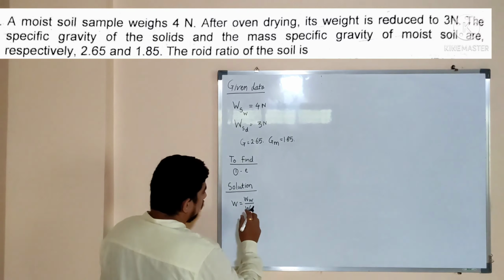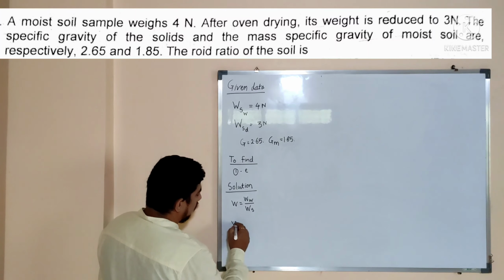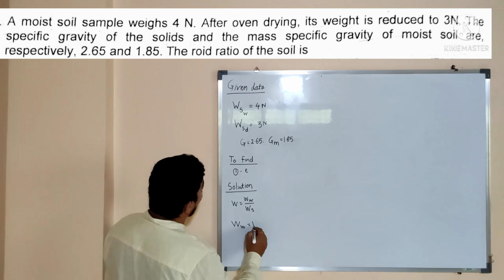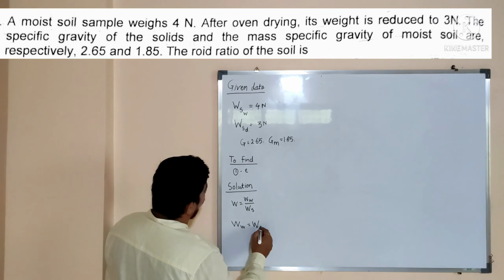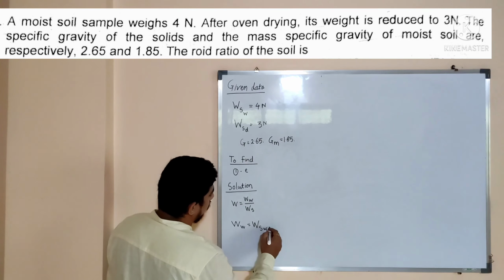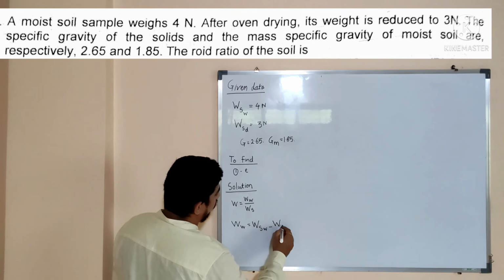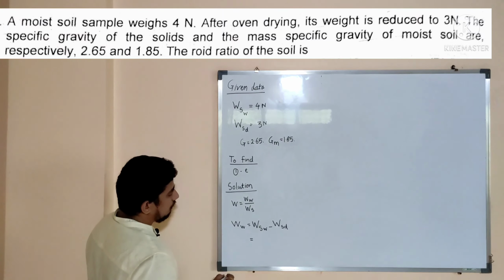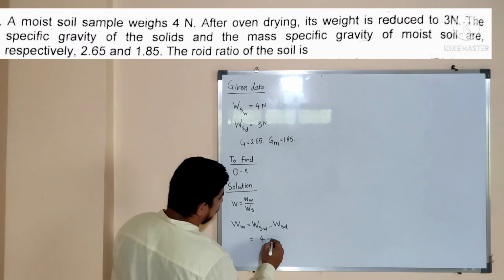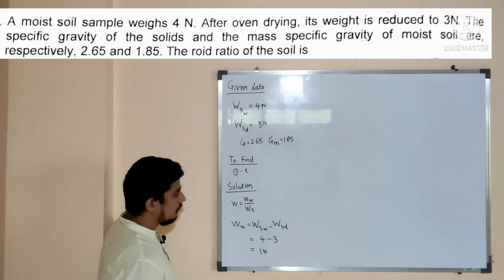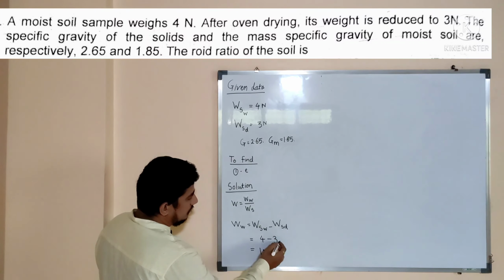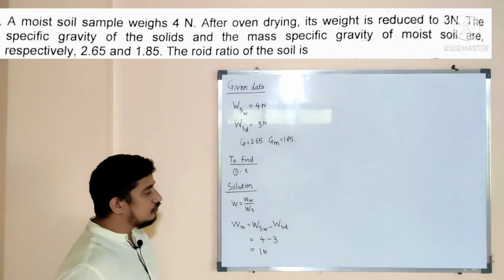So weight of water will be equal to weight of wet soil minus weight of dry soil, that is equal to 4 minus 3, that is nothing but 1 Newton, and weight of solids is 3 Newton, it is known to us.